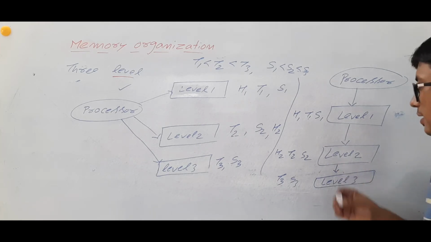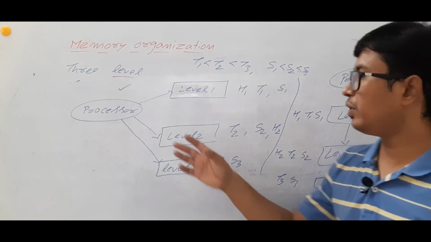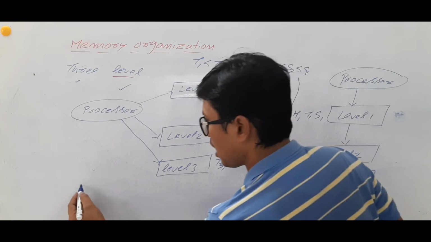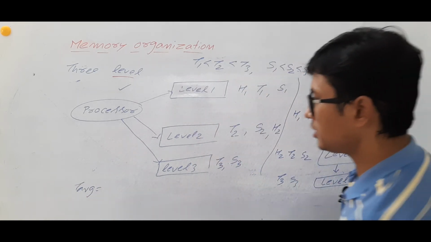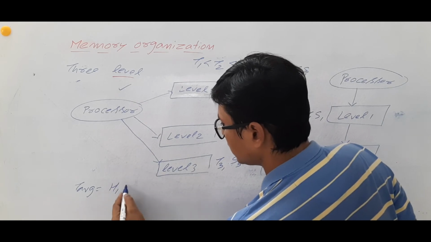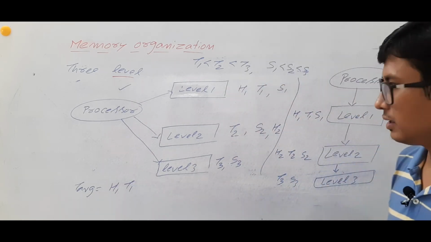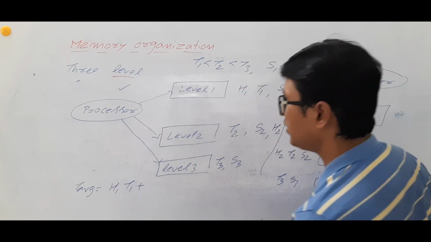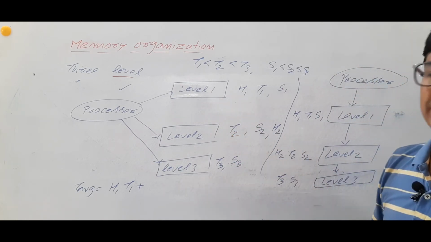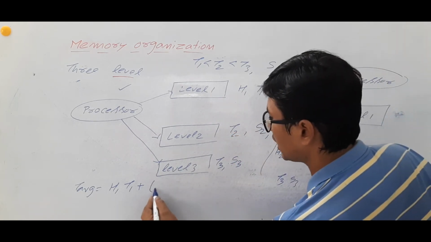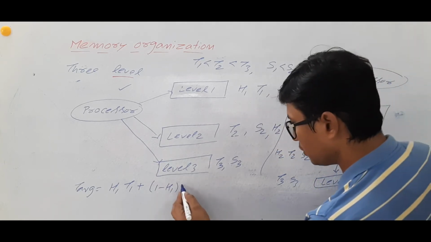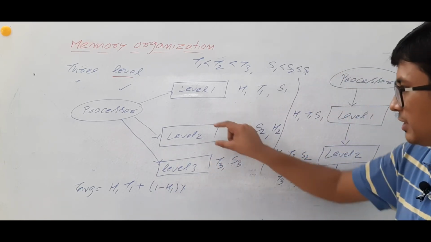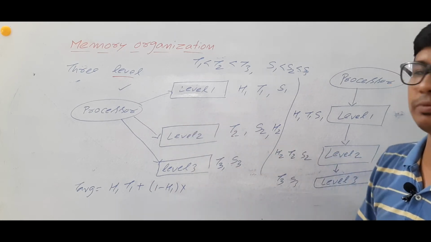Now if it is so, what is the T average? The T average is equal to H1 into T1 plus, if it is not available, if it is a miss, then only you will come here: 1 minus H1 into the hit ratio of here, meaning what is the guarantee that the information will be available.